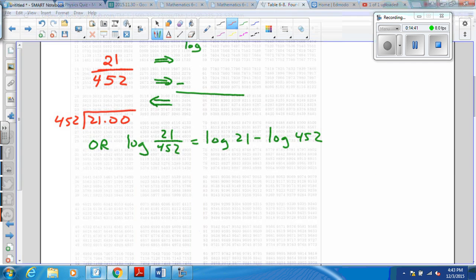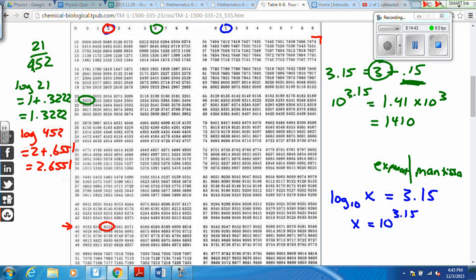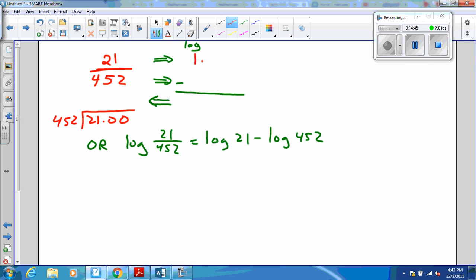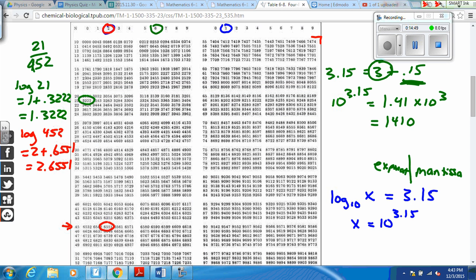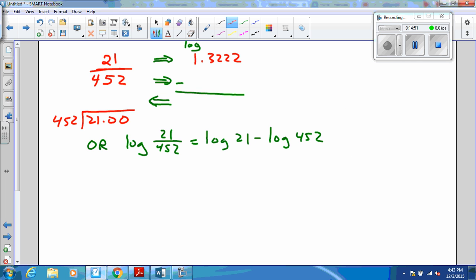Okay, well that gives me my two values. Oh, lost them. 1.3222 and 2.6551. And now we do some subtraction.